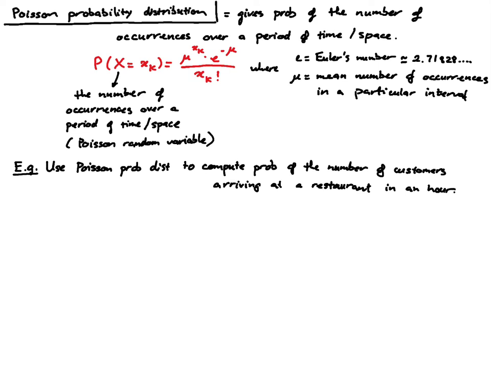So here the number of occurrences is the number of customers arriving at the restaurant over a period of time, and the period of time in question is an hour.